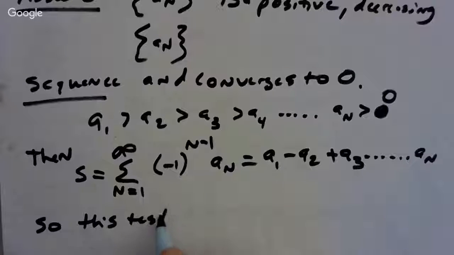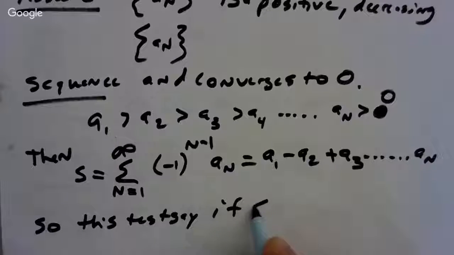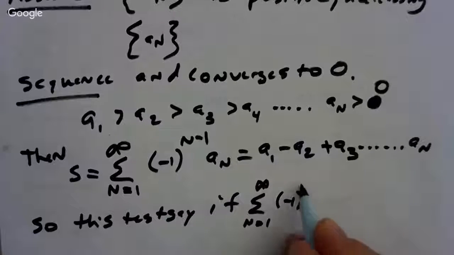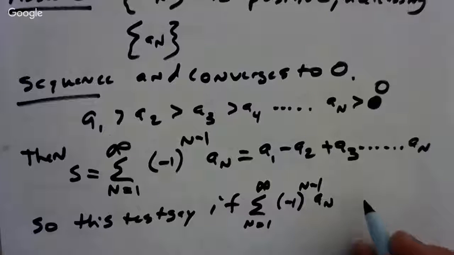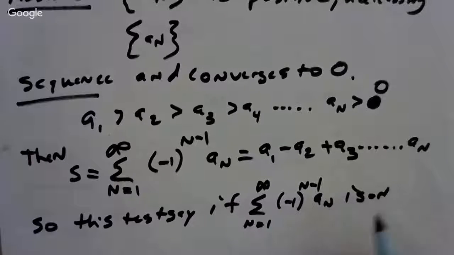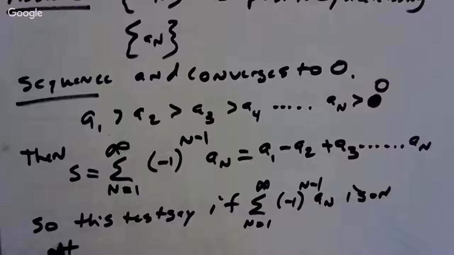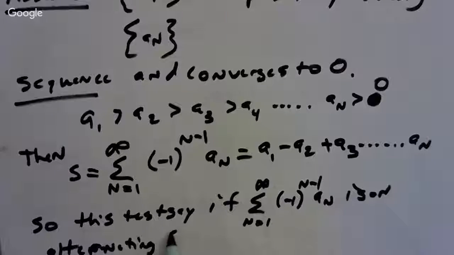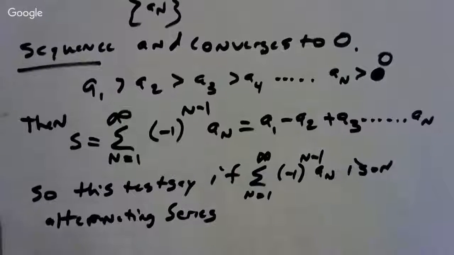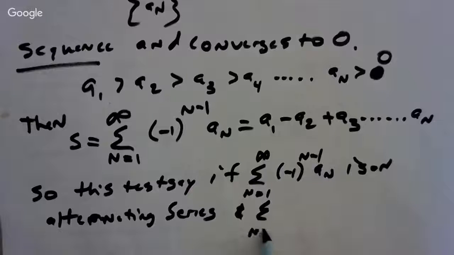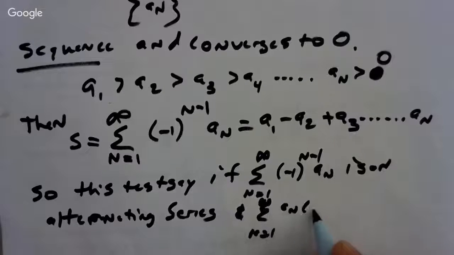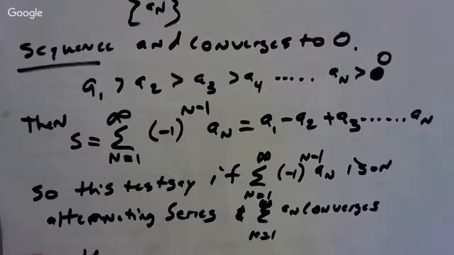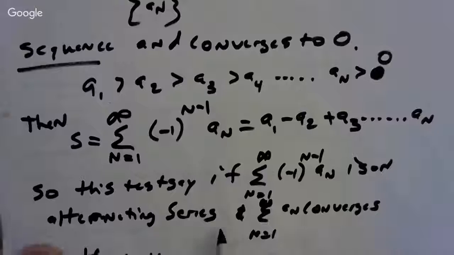So this test says if we start with a positive term, so if a of n, so if this is an alternating series and the sum from n equals 1 to infinity of a of n converges, then the alternating version converges as well.